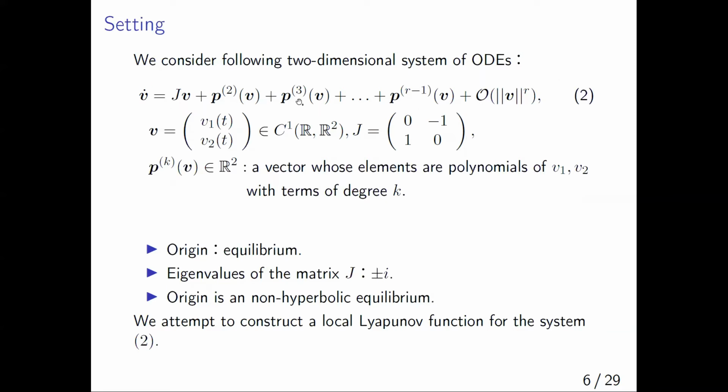For this system, the origin is an equilibrium, and the eigenvalues of the matrix J are plus minus i, where i is the imaginary unit. So the origin is a non-hyperbolic equilibrium. We attempt to construct a local Lyapunov function for this system.